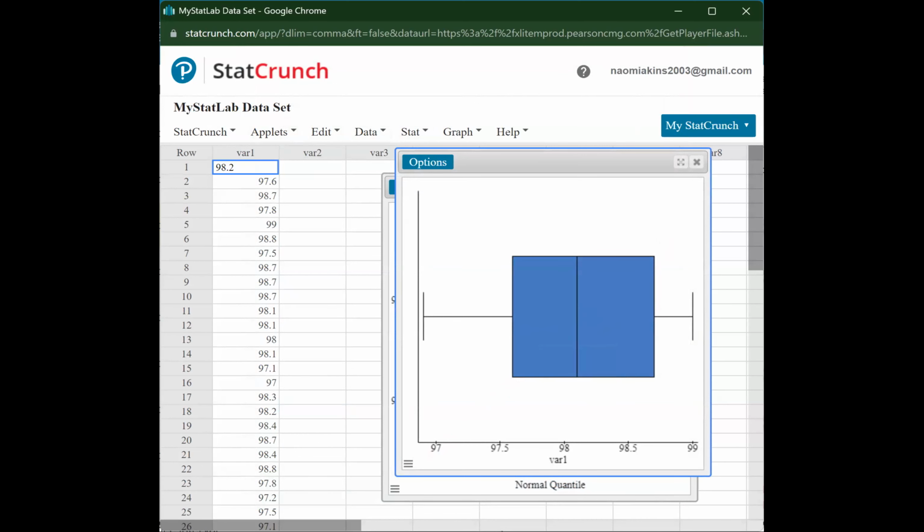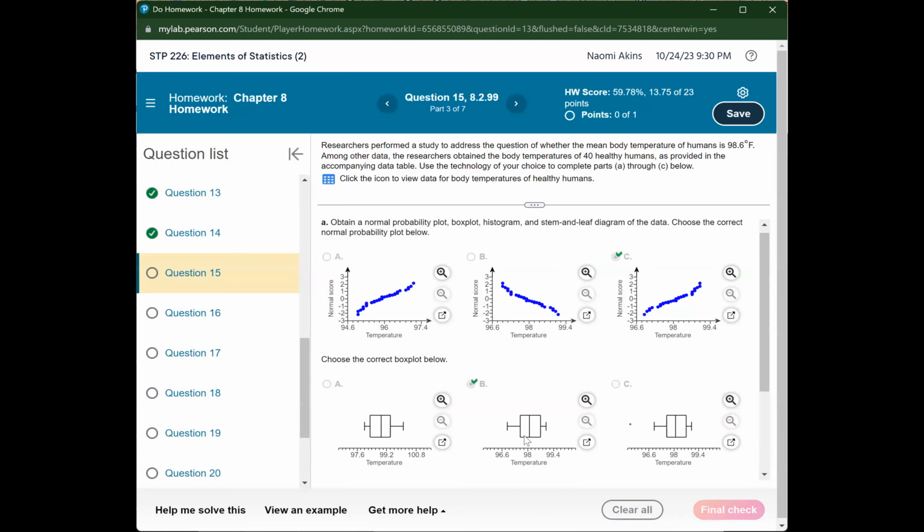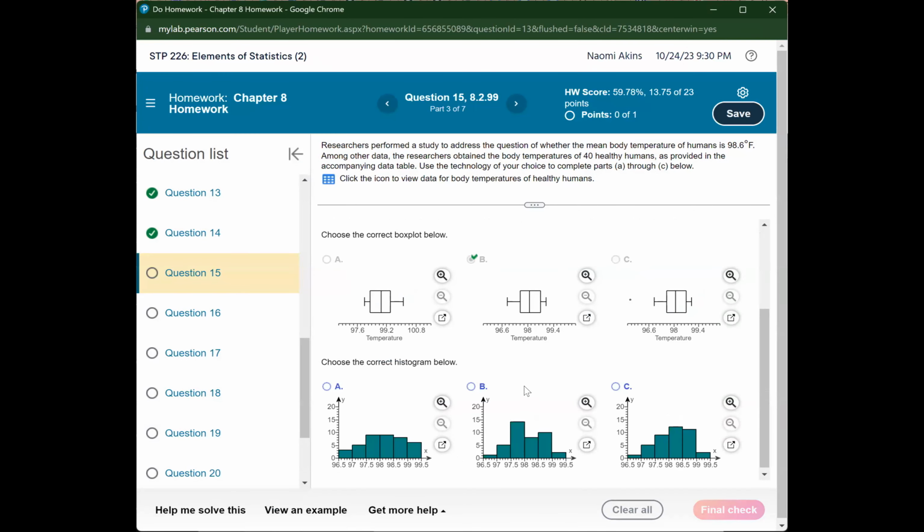So if you go back to the other window there, it looks like this one. And then for the histogram, you've got to do the same thing. Go back to that other screen.